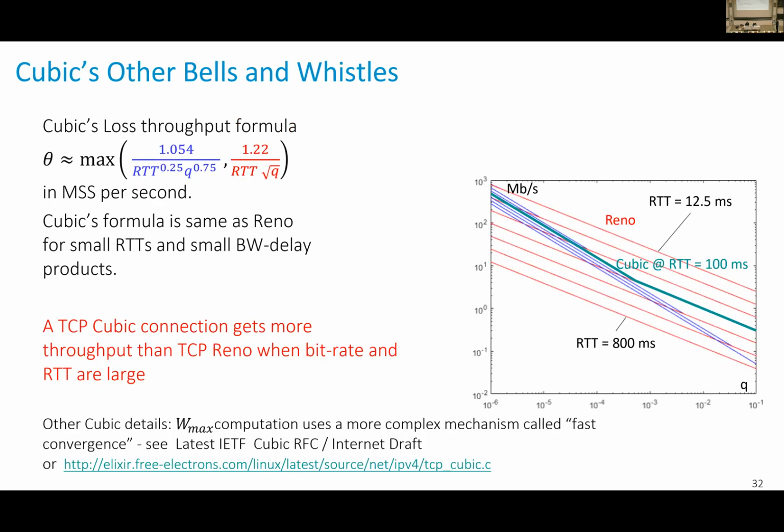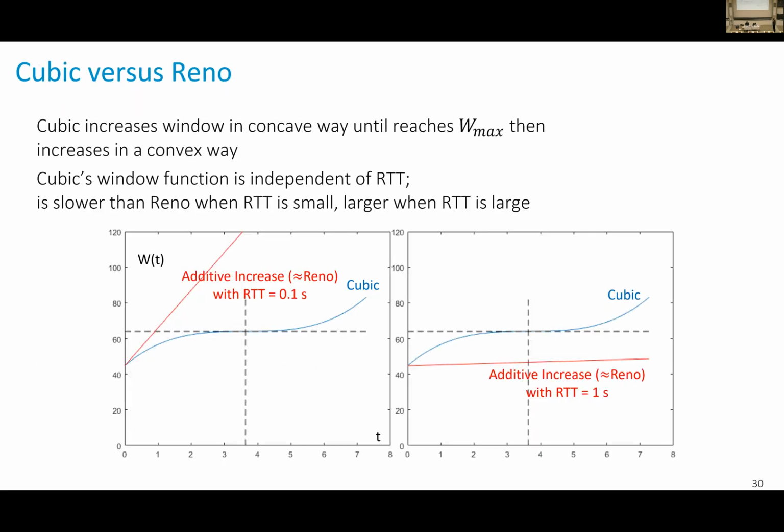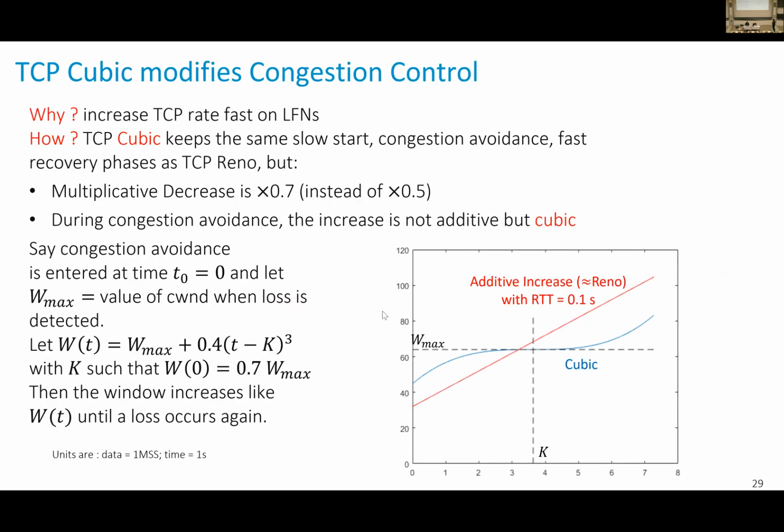People did a calculation of the loss throughput formula. That's the loss throughput formula we have for AIMD, for TCP Reno. Now, that's the loss throughput formula we obtain if we do the modification that CUBIC is doing, which is given by this. Now, we see that CUBIC, in the formula given here, is independent of the round trip time.